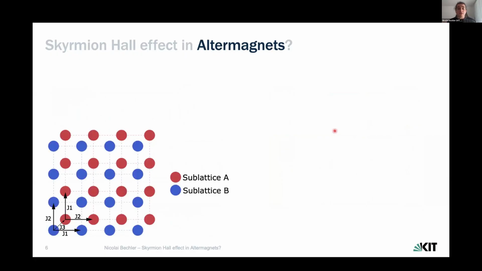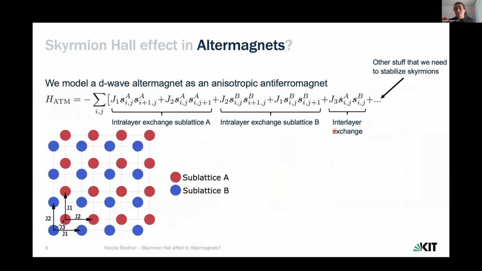And how do we model an altermagnet? We model it by an anisotropic antiferromagnet. In one sublattice, we have an exchange J1 in the x direction and exchange J2 in the y direction. And on sublattice B, everything is flipped. And we have the interlayer exchange, which is antiferromagnetic.